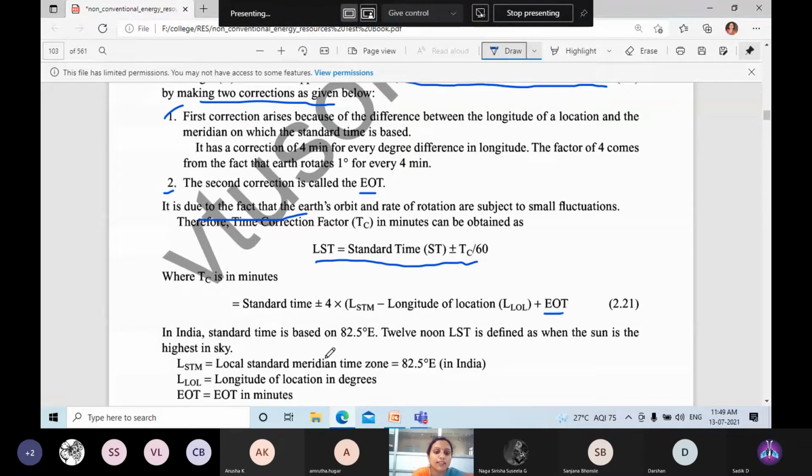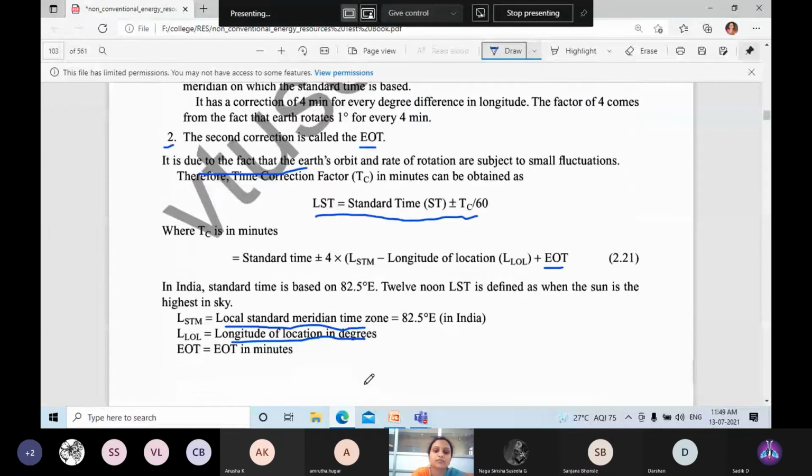What is LSTM? LSTM is the local standard meridian of the time zone. L_LOC is the longitude of the location in degrees. And EOT is the equation of time in minutes.